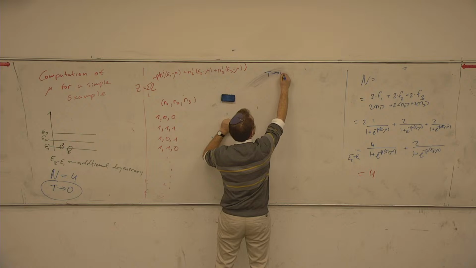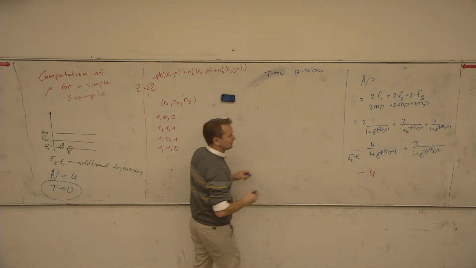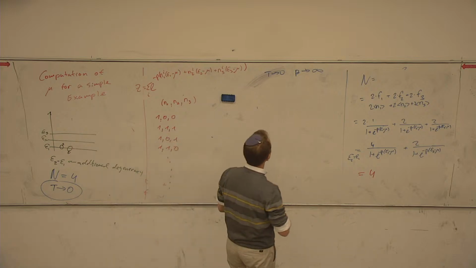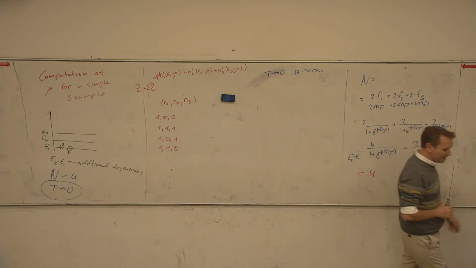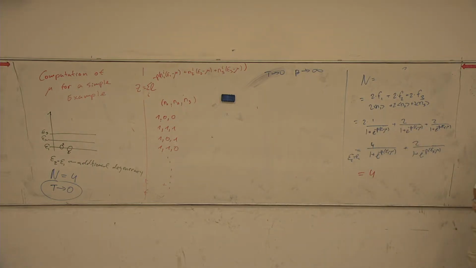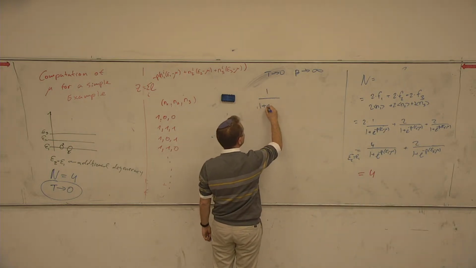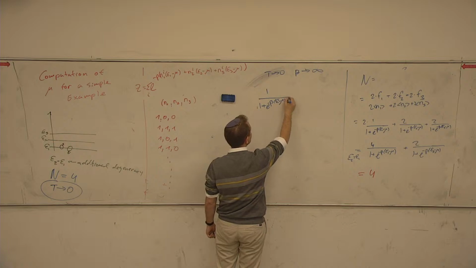T goes to 0, meaning beta goes to infinity. Now, if beta is a big number, how are we going to expand this 1 over 1 plus e to the power minus beta (epsilon minus mu)?